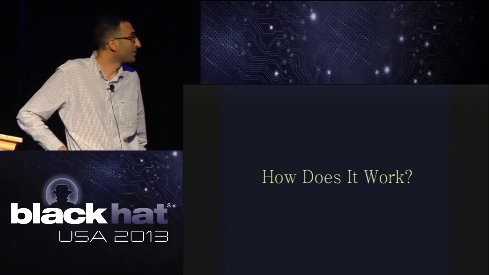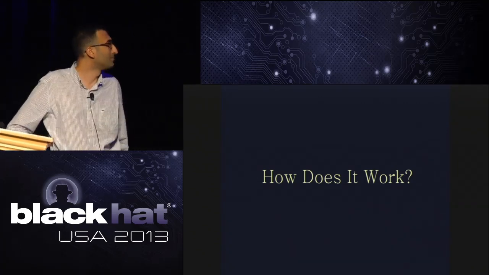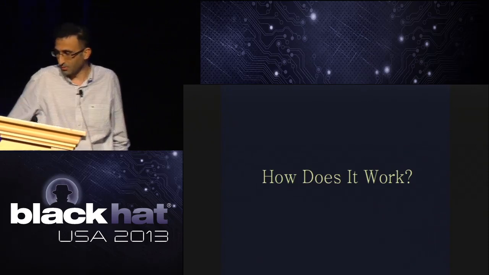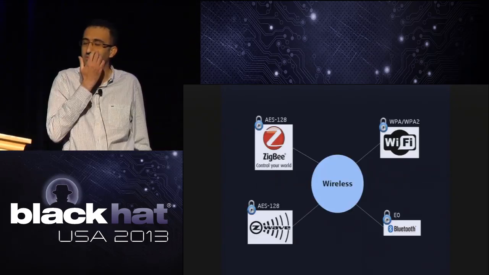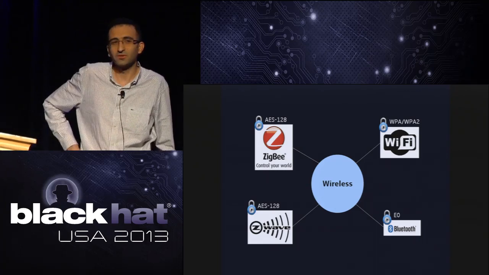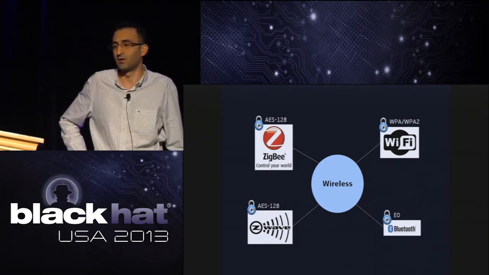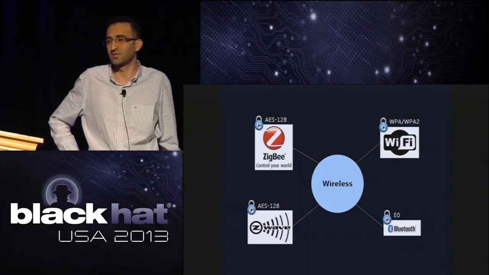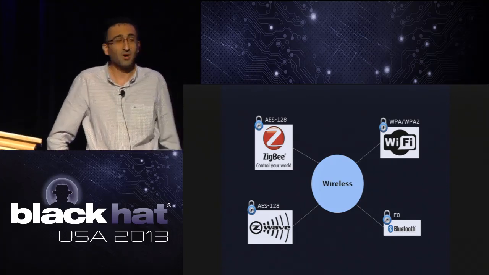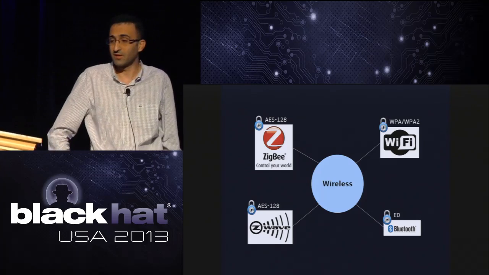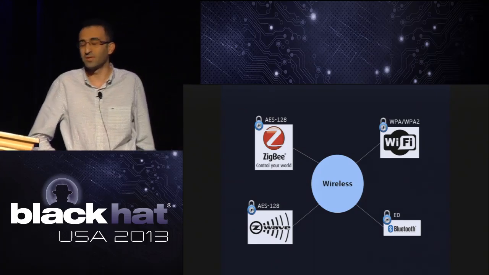Okay, so we will look into the main components of a home automation system. First of all, we have the communication protocols. Most of today's home automation systems are based on wireless communication. Among them, the Z-Wave and Zigbee protocols are the dominant ones.